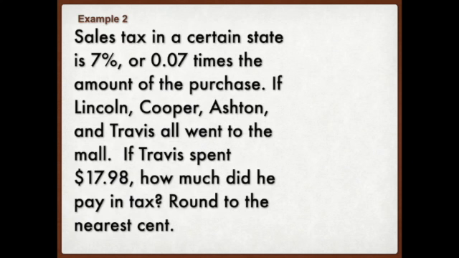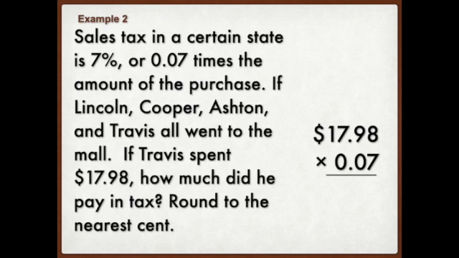These 4 boys went to the mall. If Travis spent $17.98, how much did he pay in tax? So we want to take that 7%, turn it into the decimal, which is 0.07. We're going to multiply it by $17.98, and then I want to round it to the nearest cent, only 2 decimal places over.